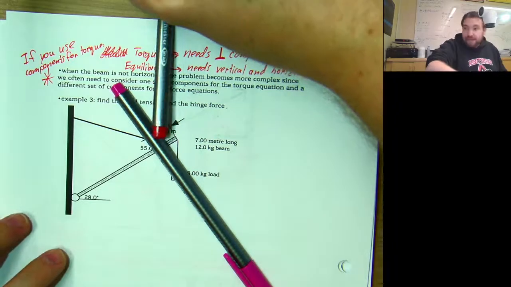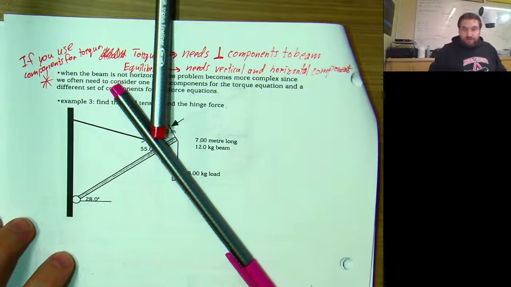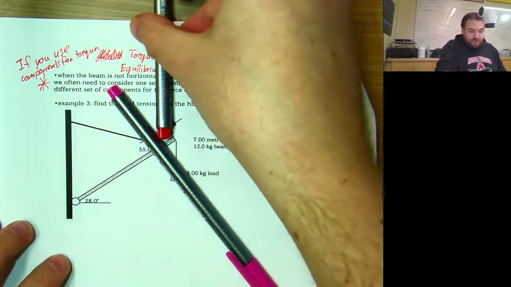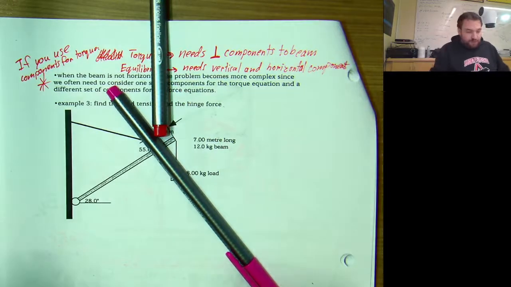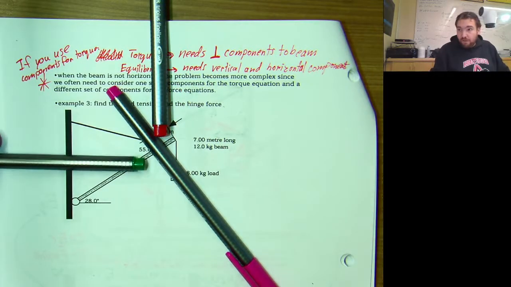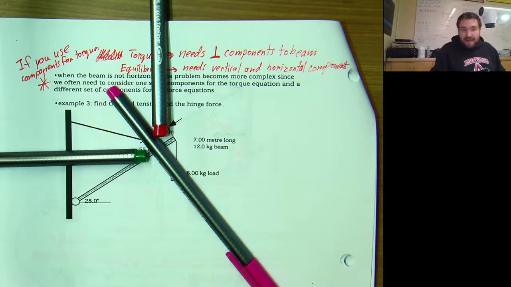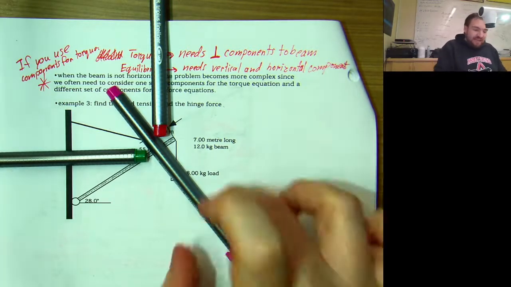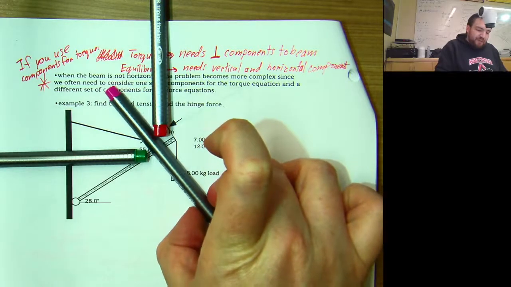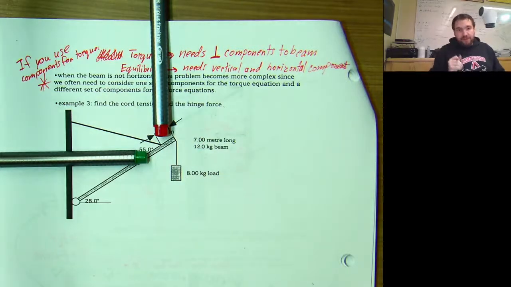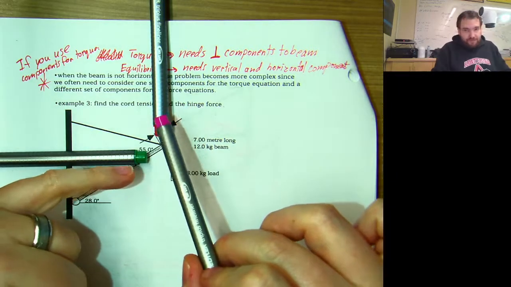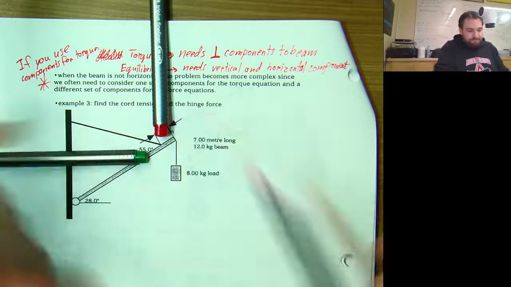But we would also need vertical and horizontal components. We have to draw all of those in because we need my forces being balanced all over the place. To draw all these is gross. It's nice to be able to remove this one by using torque equals FR sine theta. And then these are the only components for the tension force that we have to draw.